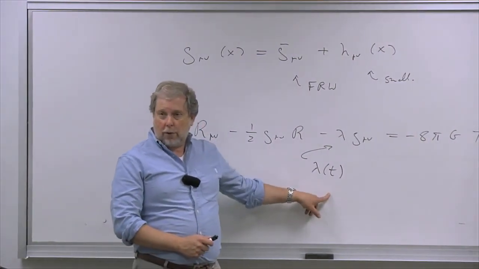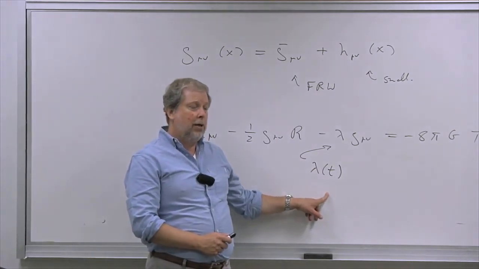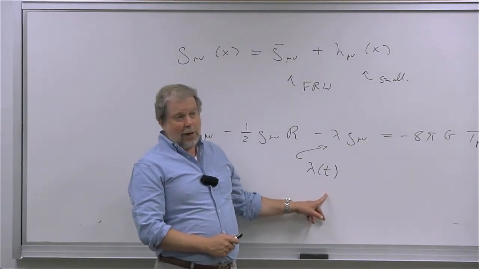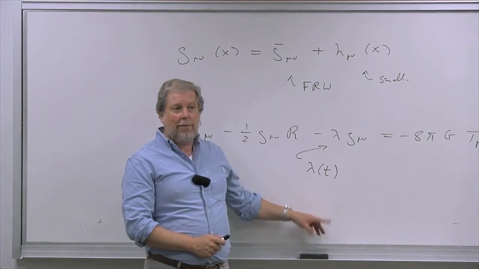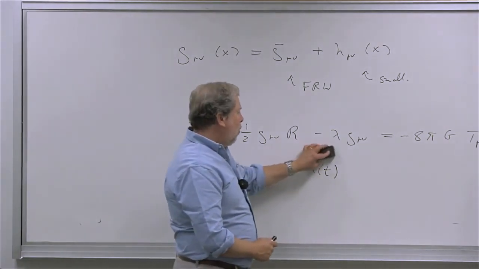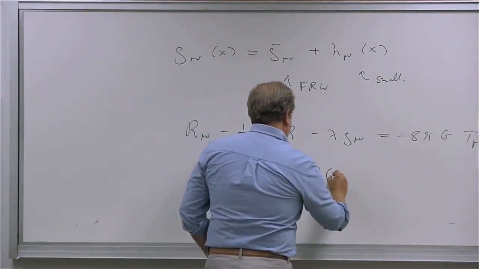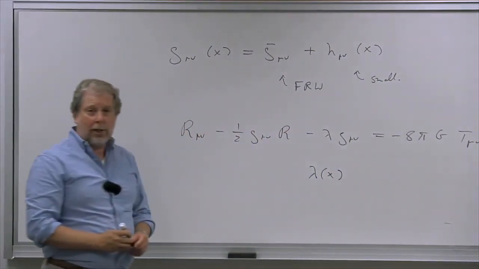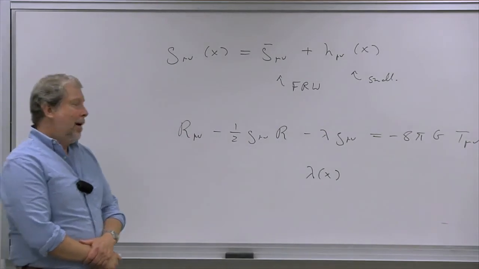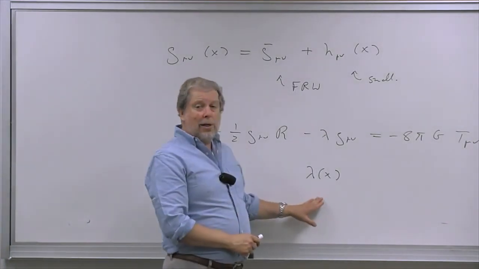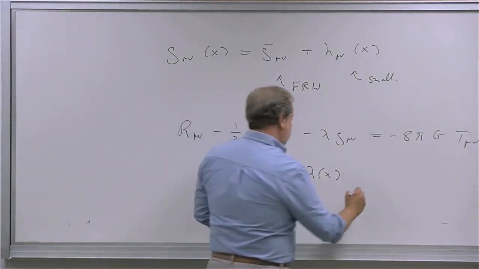Not possible because this, of course, violates general covariance, right? It even violates Lorentz invariance, right? You cannot have a function of t, right? So what you could have is, of course, a lambda that depends on x, where x is x mu, right? And, well, if you do that, then this would be a new scalar field.